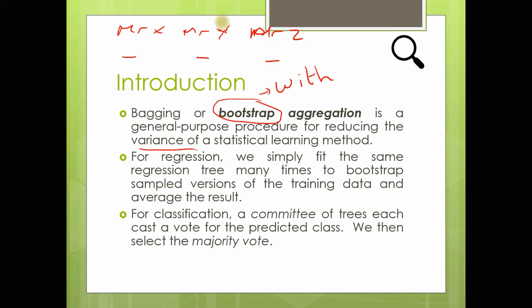So what is happening here? This is why the decision tree is unstable in that sense, because it has high variation. And bootstrap aggregation or bagging allows us to reduce the variance of a decision tree. Now, in a nutshell, I just give you an idea of what it is.